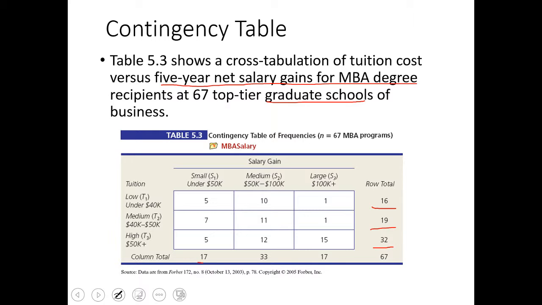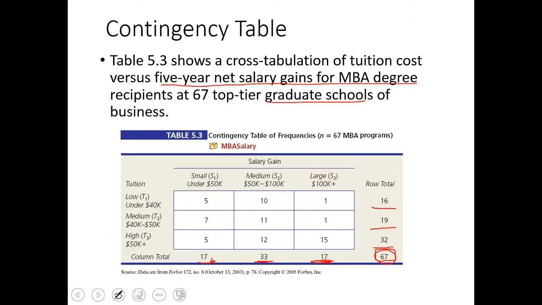And we have 17 small salary, 33 medium salary, and 17 large salary, and we have 67 total number of samples. Okay.